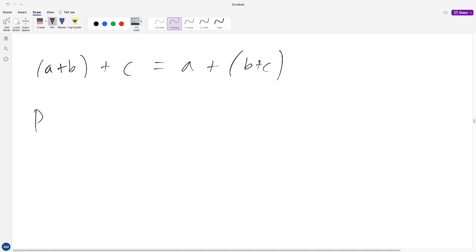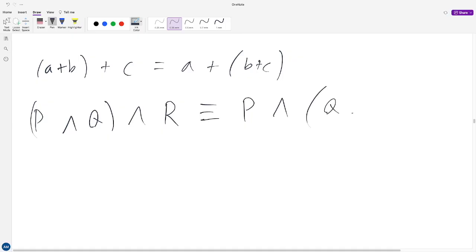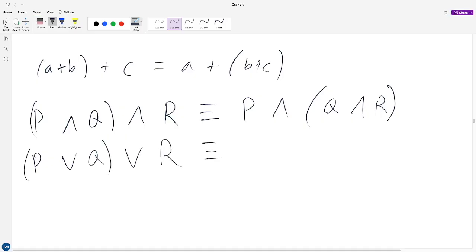So we have (P and Q) and R is the same thing as P and (Q and R). We also have that with the or. We have (P or Q) or R is the same thing as P or (Q or R).